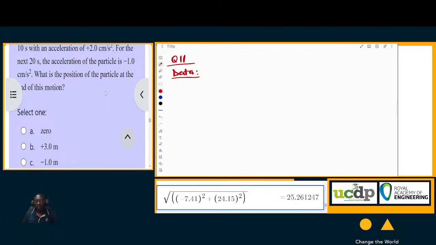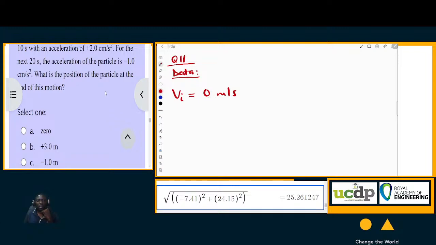Let's list it. What's the first thing there? VI is 0. Good. Initial velocity is 0. And then two acceleration values and times of acceleration.